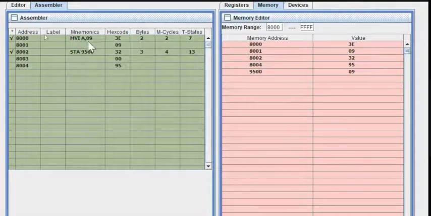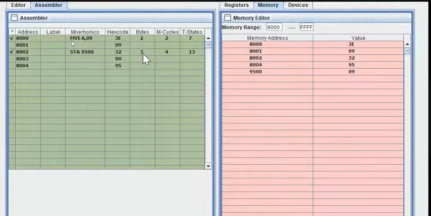To perform this particular function, we need two 8-bit pieces of information stored in memory locations. One is the opcode, and the other is the immediate data present in the instruction itself. So 3E is 8 bits and 09 is another 8 bits, all in hexadecimal. So this instruction is a 2-byte instruction. STA 9500 is a 3-byte instruction.